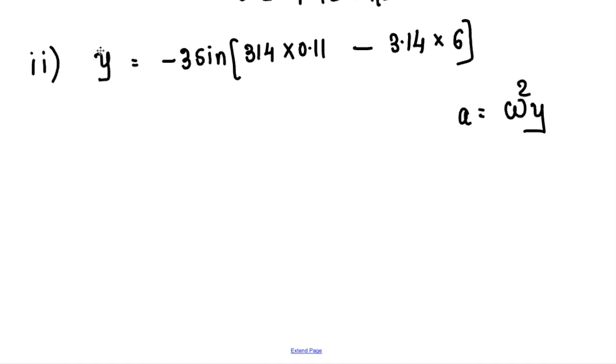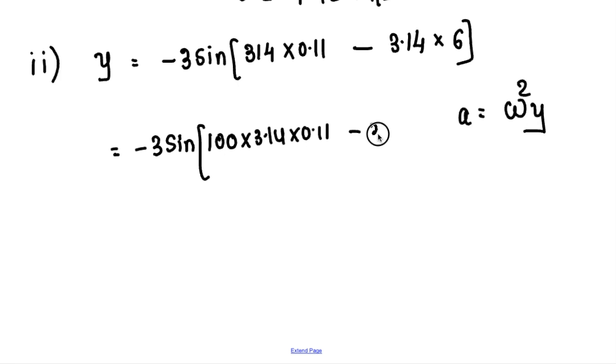Now we know for acceleration my formula is omega square into y. So let us find out the value of y. From here, now I can simplify this 314 as 100 times 3.14 into 0.11 minus 3.14 into 6.